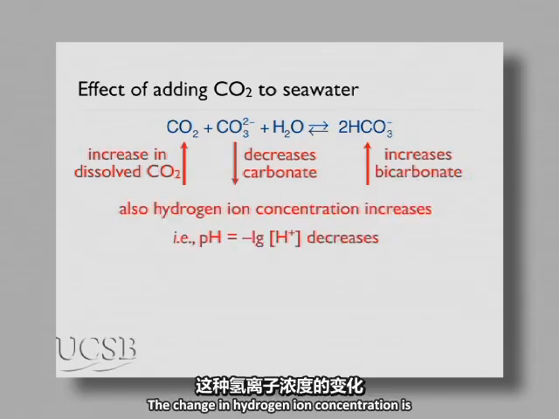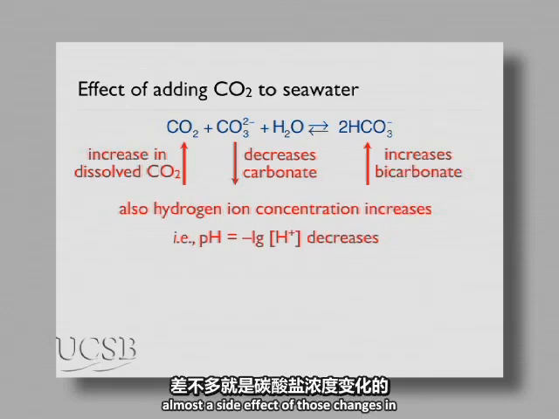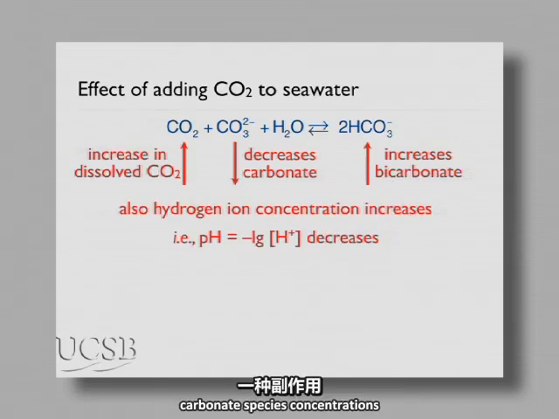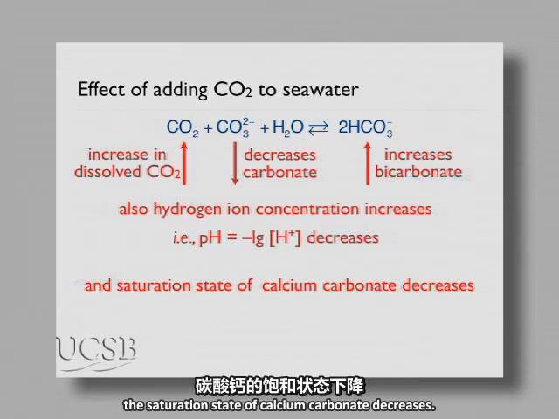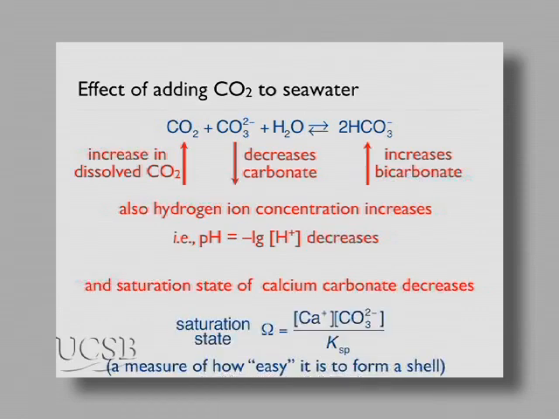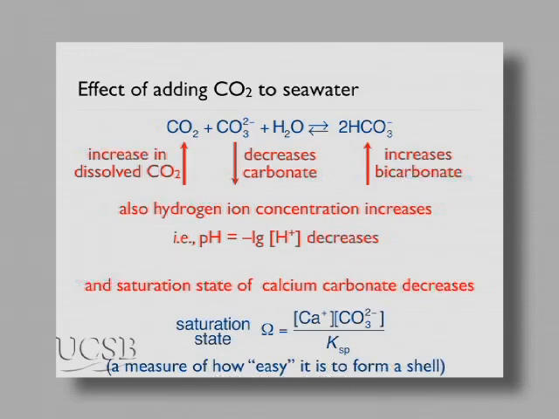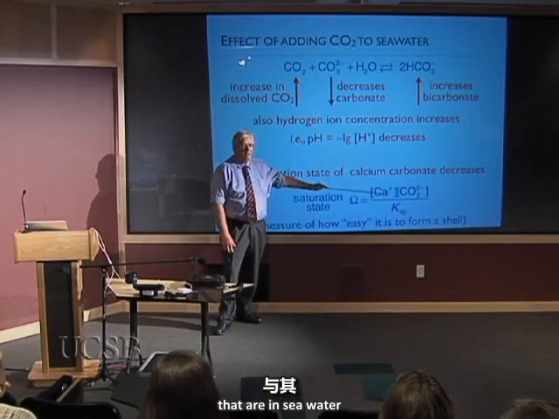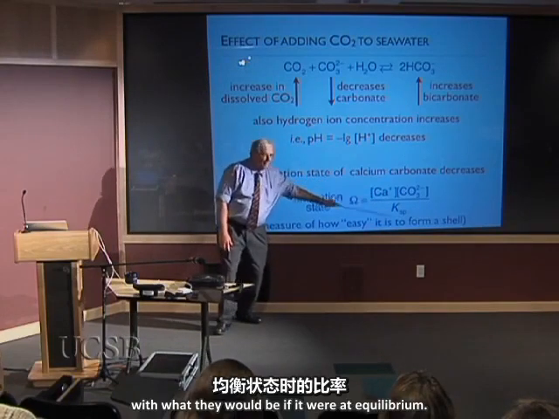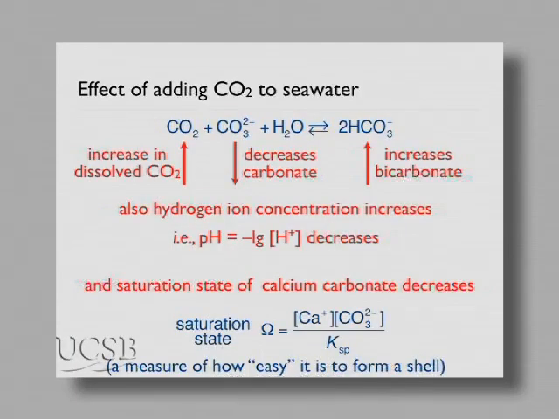The change in hydrogen ion concentration is almost a side effect of those changes in carbonate species concentrations. And also, because the carbonate ion concentration decreases, the saturation state of calcium carbonate decreases. The saturation state is defined in this fashion, essentially the ratio between the concentrations that are in seawater and what they would be if it were at equilibrium, the equilibrium solubility product.